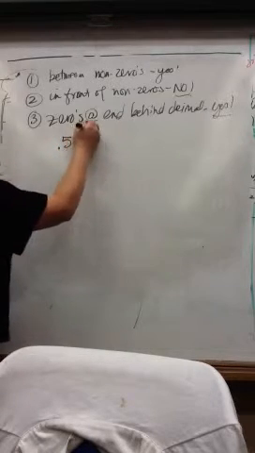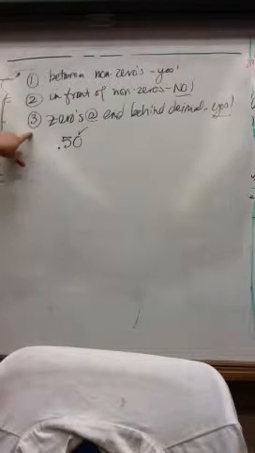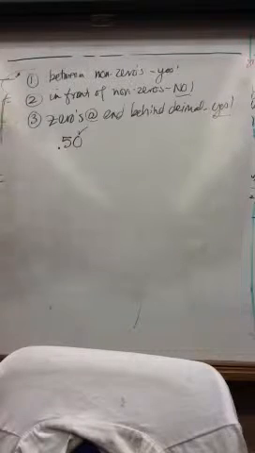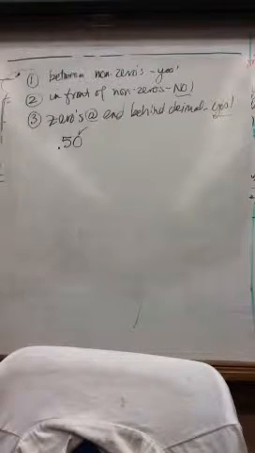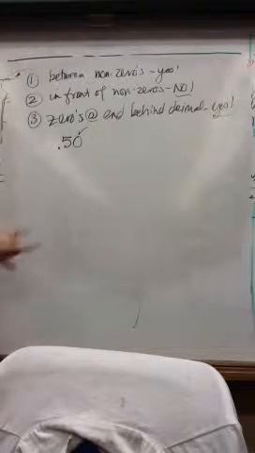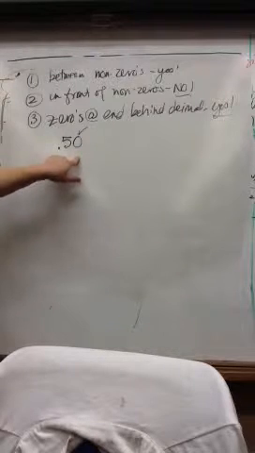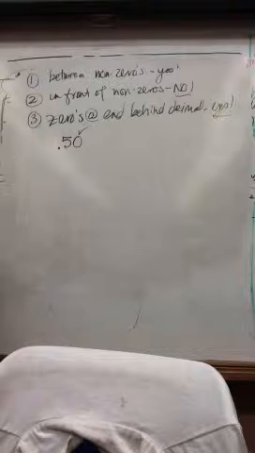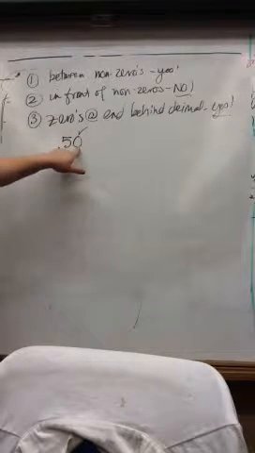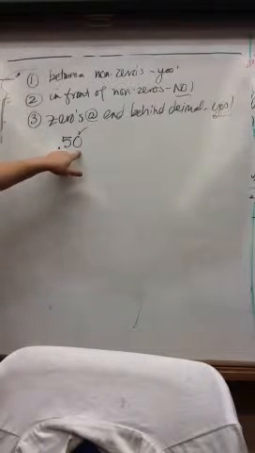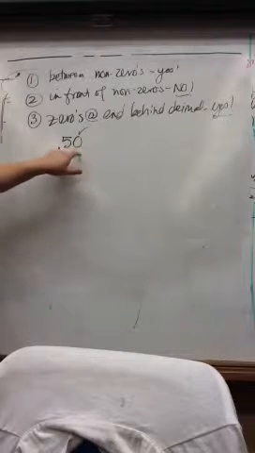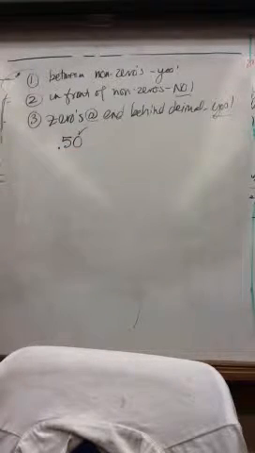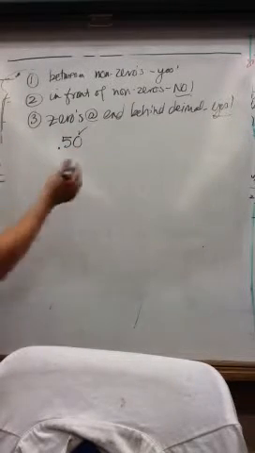This 0 is significant because of Rule 3. It is at the end behind the decimal. It is telling us that when this measurement was made, whatever equipment it was made on had a level of precision out to this place, and this is our uncertainty digit.